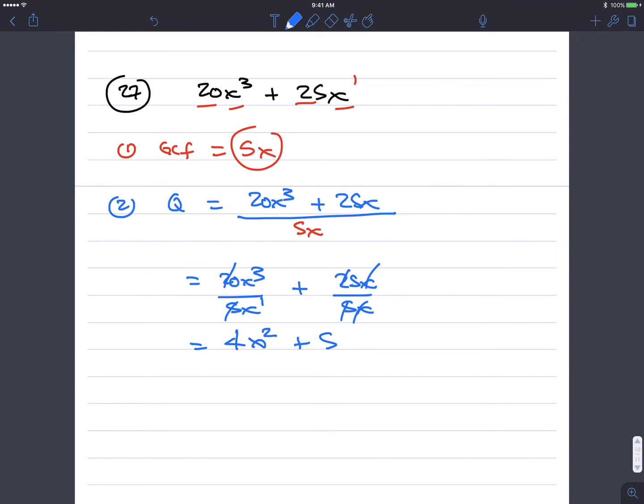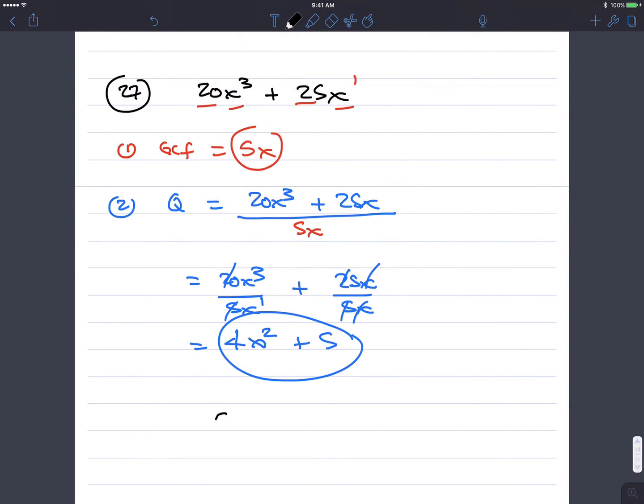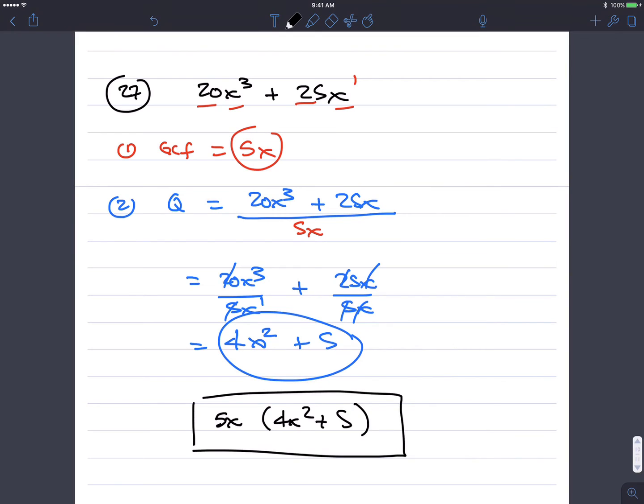And x over x is gone. This is my quotient. So let's write the final answer. 5x times 4x squared plus our 5. We factored out the greatest common factor.